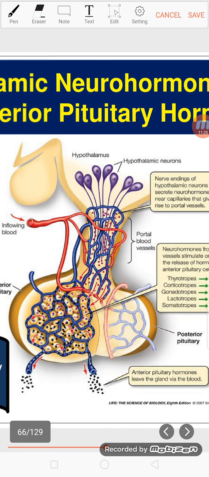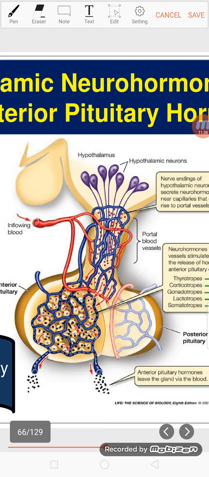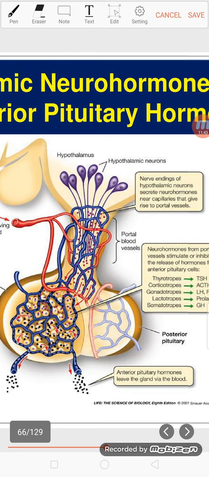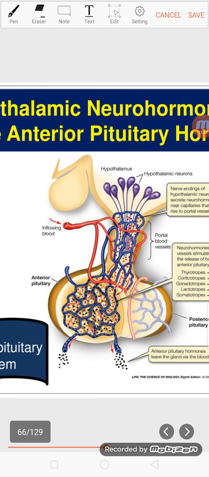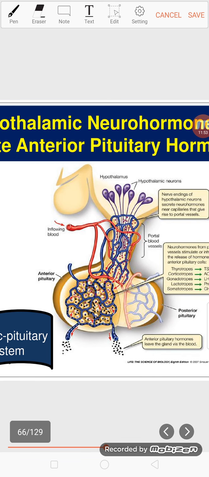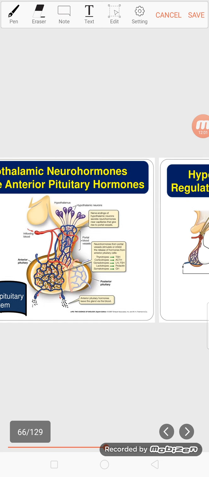So the anterior pituitary will start to synthesize whatever hormone the body needs, and then it will secrete that hormone into the blood system, and then travel to the targeted organ. So anterior pituitary secretion needs a stimulus from the hypothalamus to be secreted, and also needs an inhibition stimulus from the hypothalamus to stop secreting the hormones.